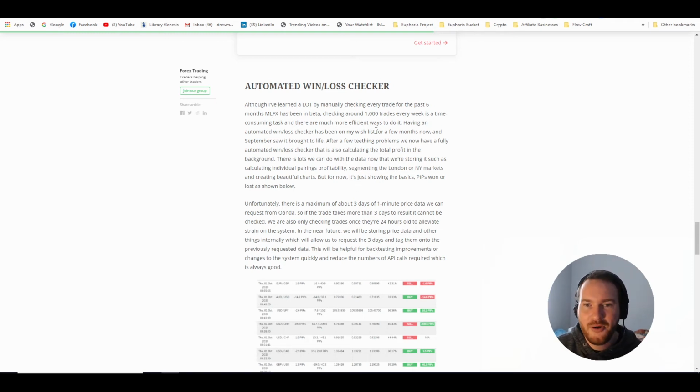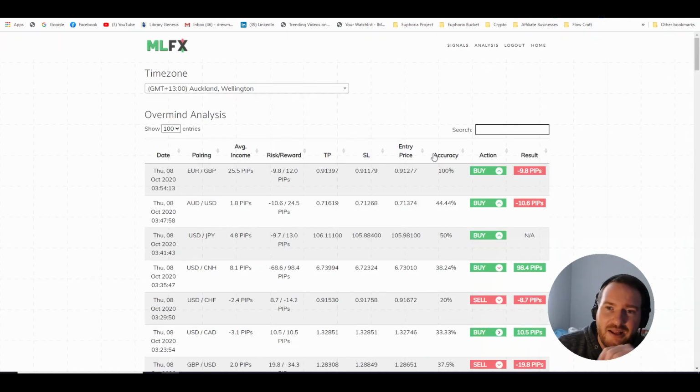So instead of me going through and checking every single trade, as I've been doing for the last 6 months, I'm going to say at least 50,000 trades I've checked, probably in that order of magnitude. But it's great for learning. I feel like I've learned a lot by doing it. However, I'm probably not going to learn a heck of a lot more if I continue doing it. So it's good to have this system up and running so we can automatically check the trades.